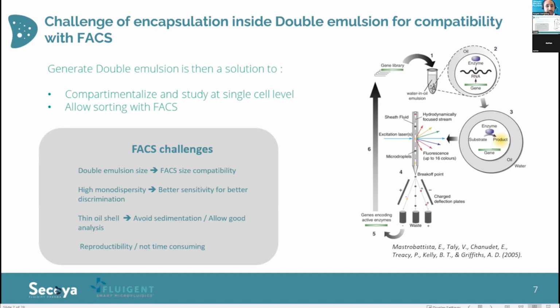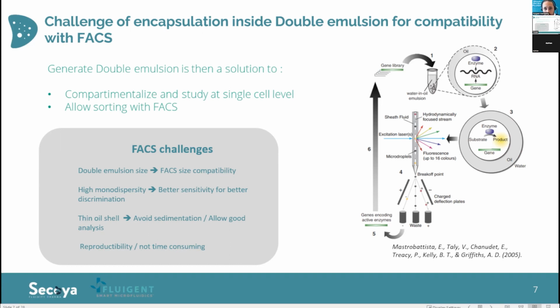But actually, there are many challenges to be totally compatible with FACS. To make a system which is compatible with the FACS, we need to really control the size of the double emulsion. The size is an important parameter because, to be compatible with FACS, you will need a double emulsion smaller than the capillaries present in the FACS.